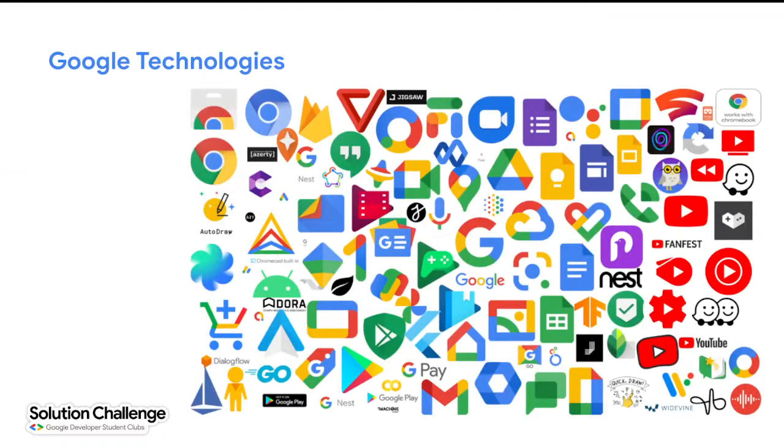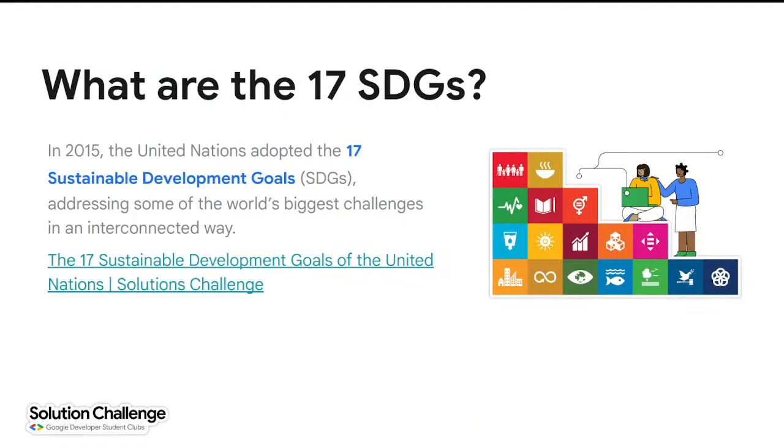Here are some Google technologies which are recommended to be used in this Solution Challenge. So what are these 17 Sustainable Development Goals? As I mentioned, the UN's 17 Sustainable Development Goals will be the base of your solution.